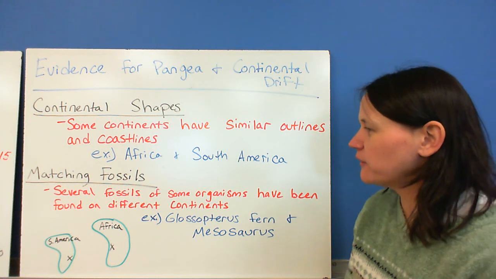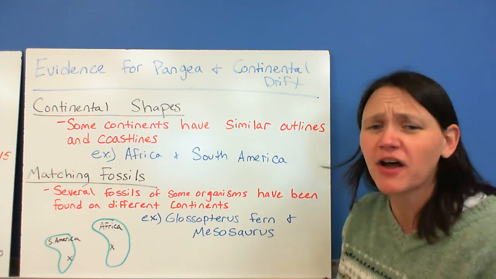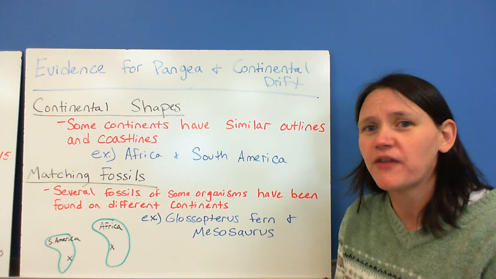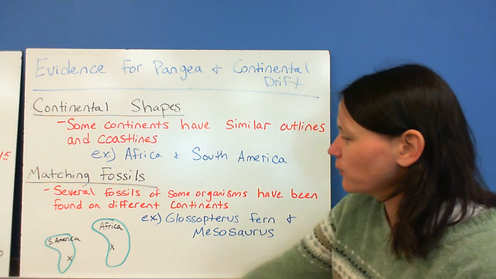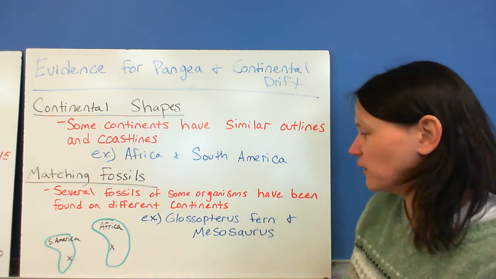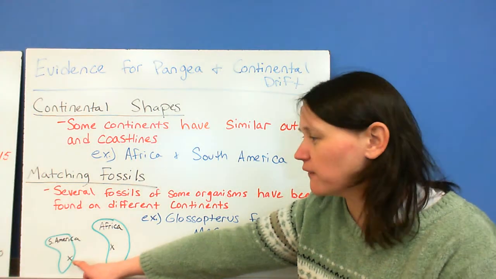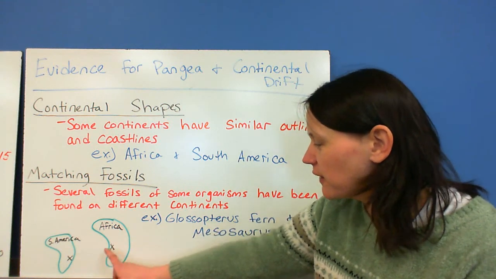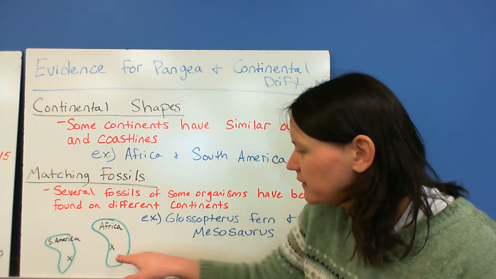Then throughout time he started getting some evidence, such as matching fossils. There are fossils that are found on different continents for organisms that could not have swam across the entire ocean. So like South America and Africa, there are fossils of a fern called the Glossopteris fern that are found on the eastern coast of South America and the western coast of Africa, just in these areas. So if you were to put the two continents together, they could very easily match up.